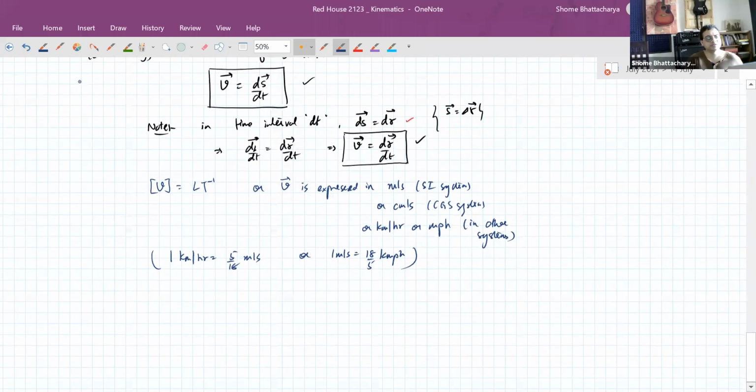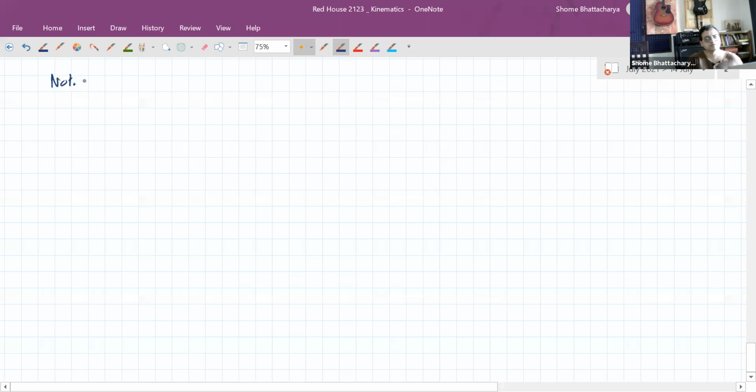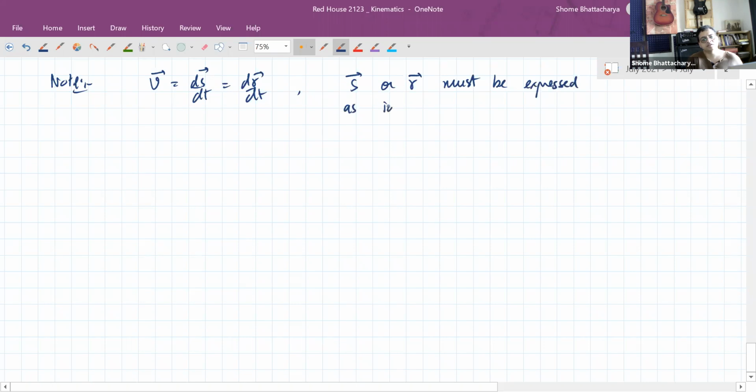So here in this definition, whether we are describing the velocity vector as ds by dt or as dr by dt, here s or r must be expressed as instantaneous values. That is, as functions of time.